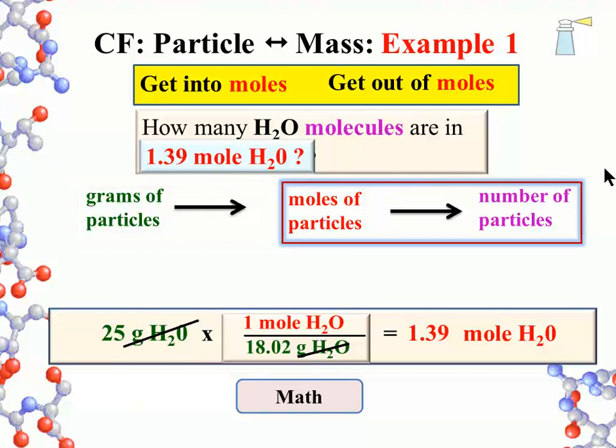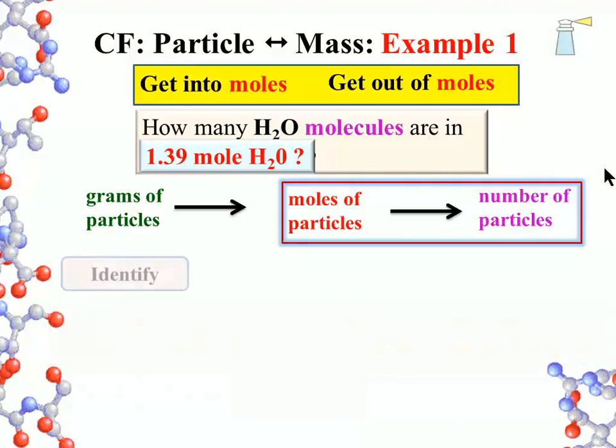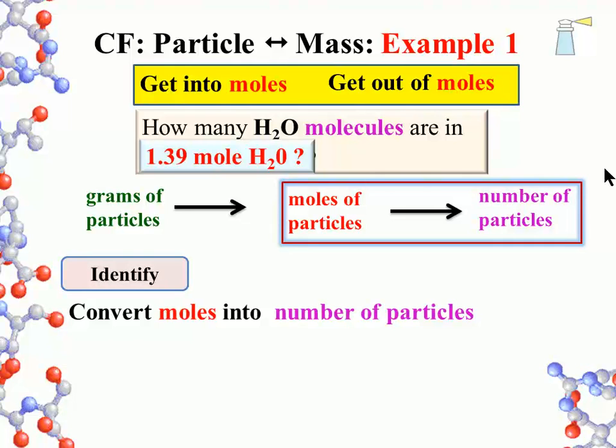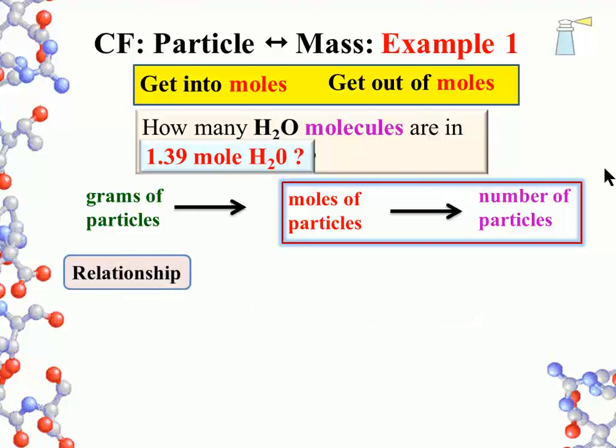Now the second calculation, getting out of moles, looks like a conversion we covered before. First, identify the type of conversion at hand. It is those 1.39 moles into particles. Is there a known relationship between moles and number of particles?